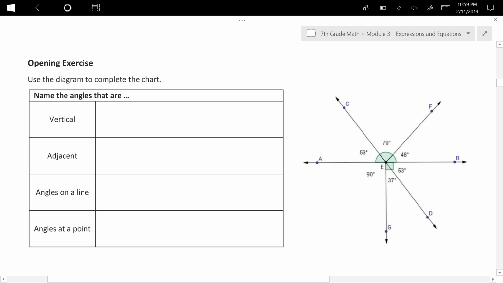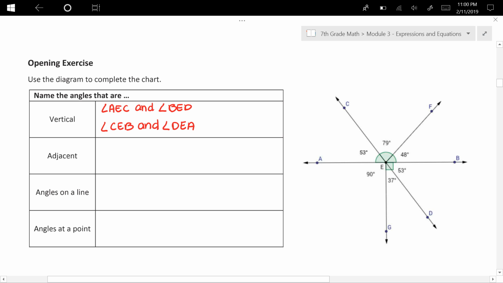All right, so you should have paused the video and taken a look at our diagram to find all these different angles. So vertical angles, here they are. Angle AEC and angle BED are vertical. Also angle CEB and angle DEA.